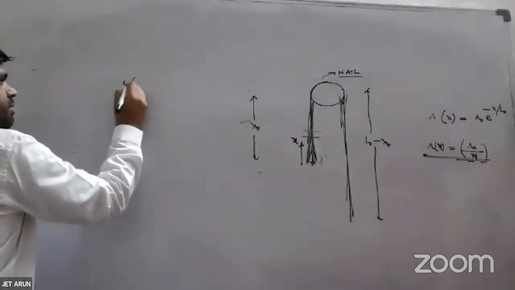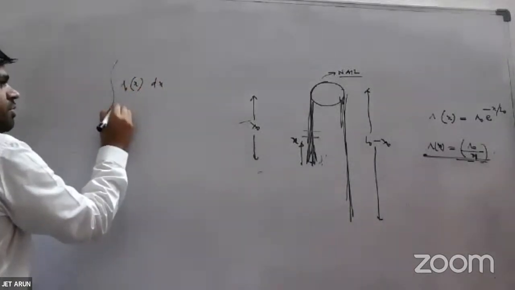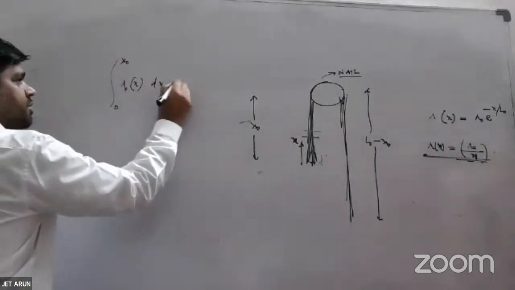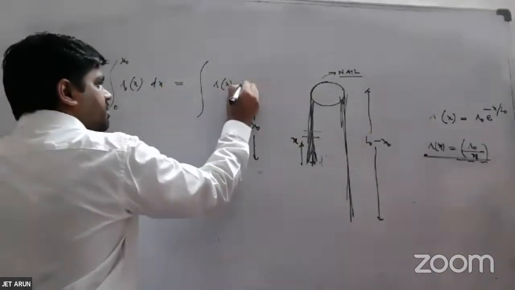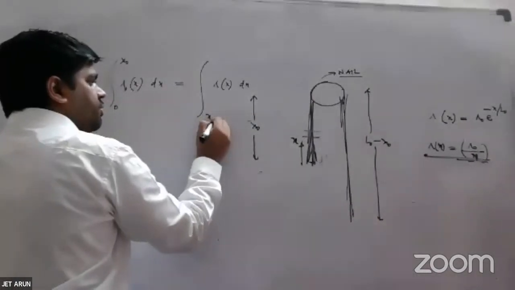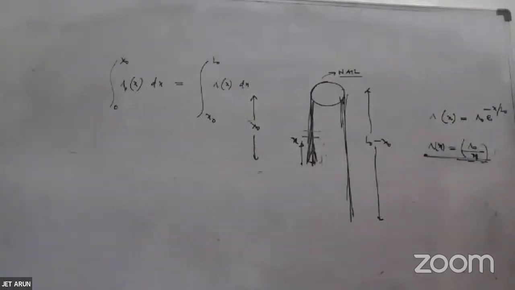So lambda of x dx, I integrate this from 0 to x naught, that should be equal to lambda of x dx from x naught to L. Do you all agree with this?